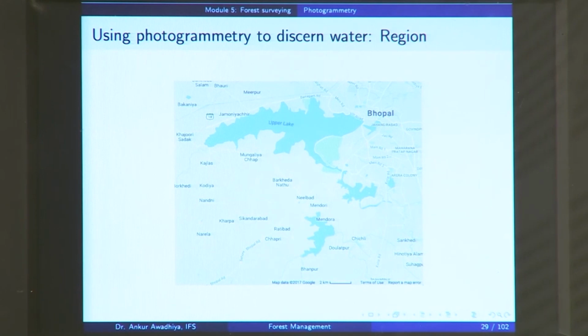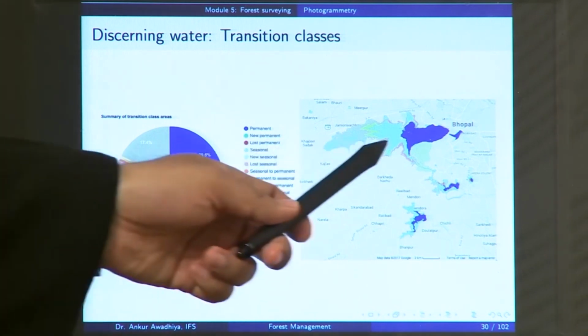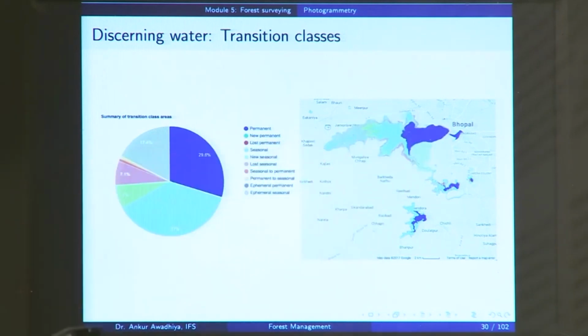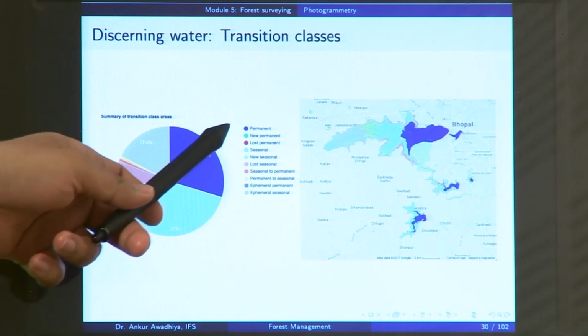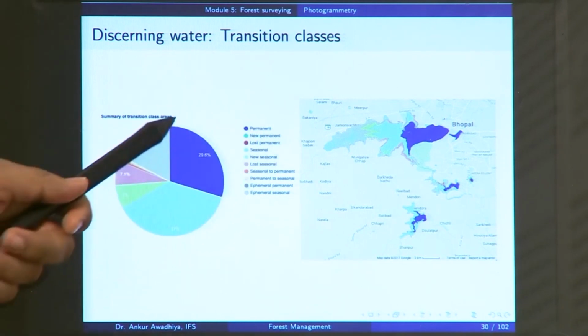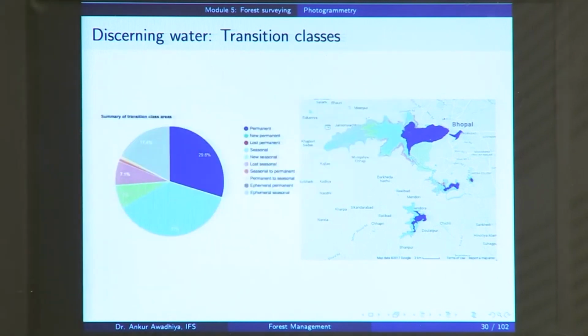So, to discern the boundary, we started by looking at the transition classes. So, we are looking at 30 years of data, and we are trying to figure out what are those areas that have had a permanent amount of water in all these 30 years, how much of the area has become a new permanent water reservoir, or what are the areas in which earlier we were having a permanent location of water, but now it is becoming seasonal.